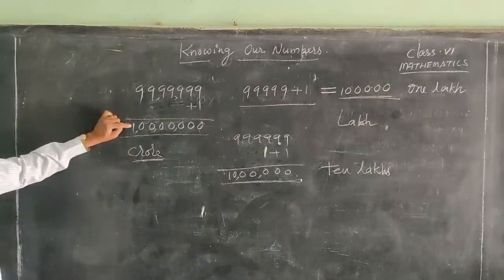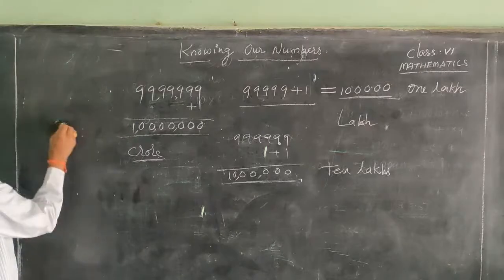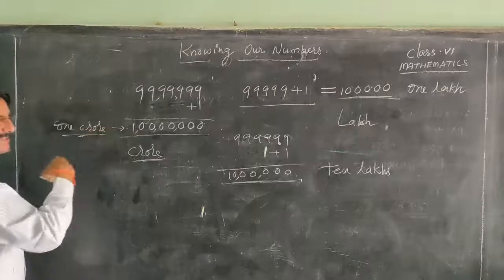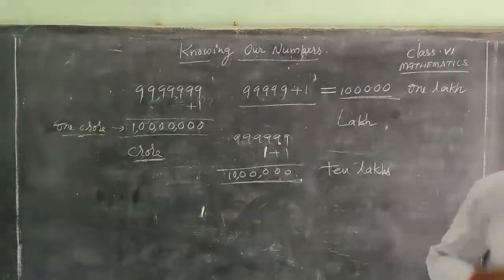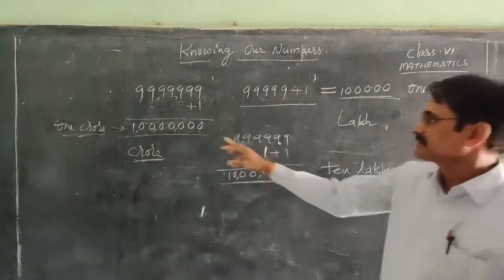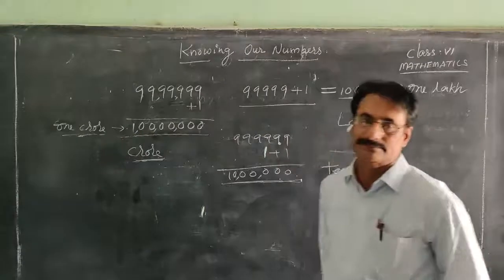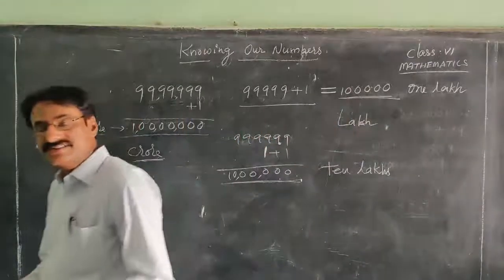Which digit in the crore place? 1. So it is called 1 crore. The 8-digit number is called 1 crore.